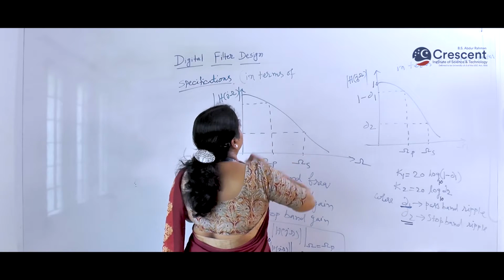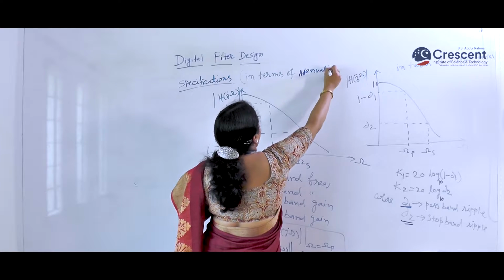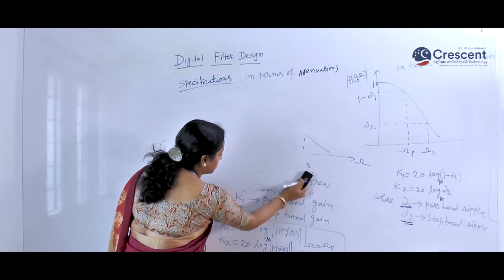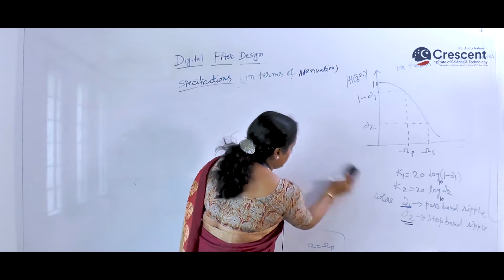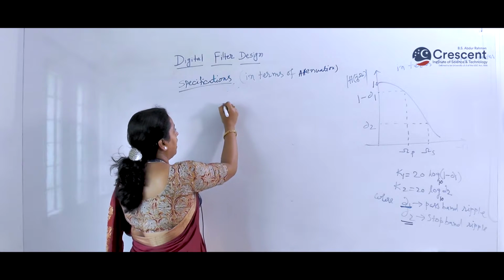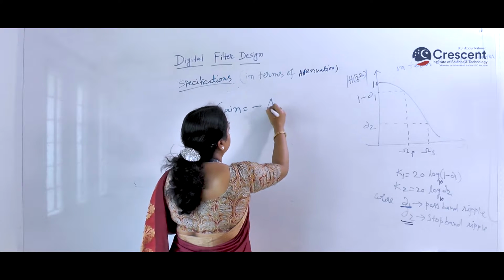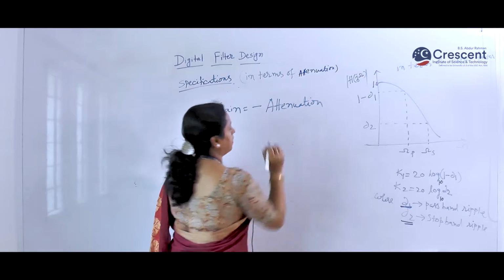of attenuation. So what is the relation between attenuation and gain? We know that attenuation and gain are inversely related. When we are talking about the dB scale, gain and attenuation are related this way.